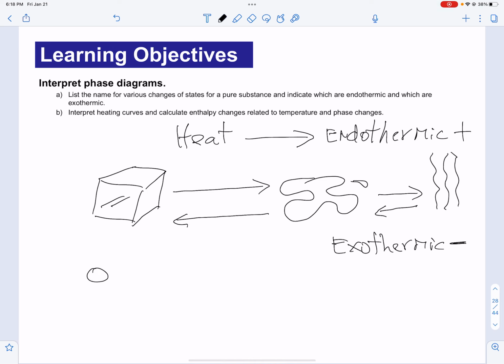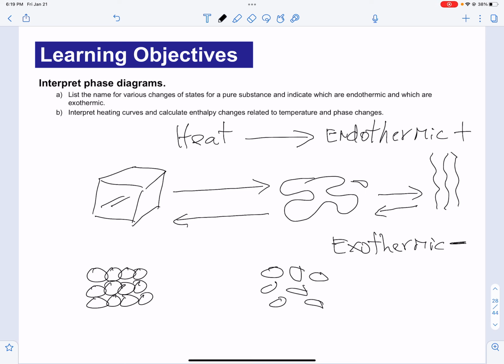Well, we can represent the solid like this, right? Molecules are very close together, or the particles neatly organized. We can represent the liquid like this. And we can represent the gas like that.